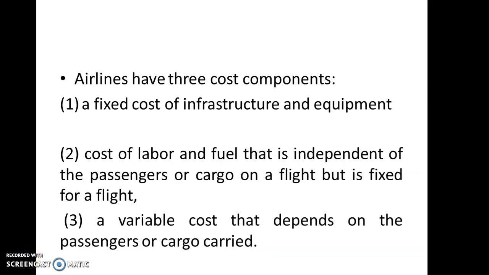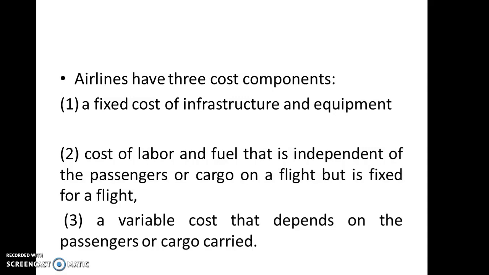Airlines have three cost components. Number one, a fixed cost of infrastructure and equipment. That is, when you want to run an airline, the particular carrier has to invest a capital amount to procure the aircraft.